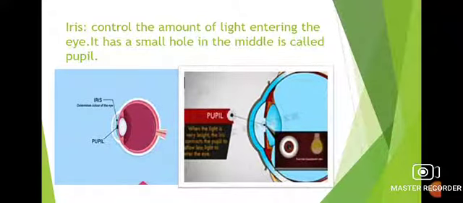Then next one is iris. The main function of iris is to control the amount of light entering the eye. The iris has a small hole inside. The middle small hole is called pupil. What is pupil? Okay.